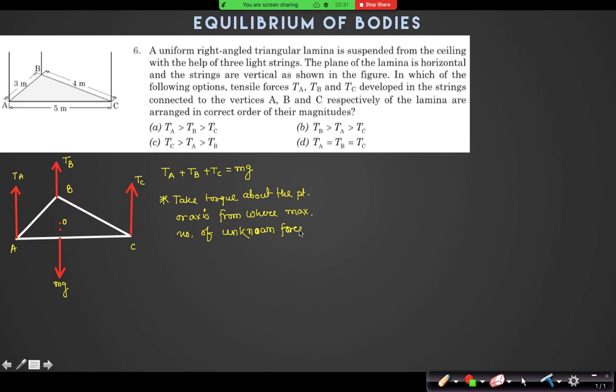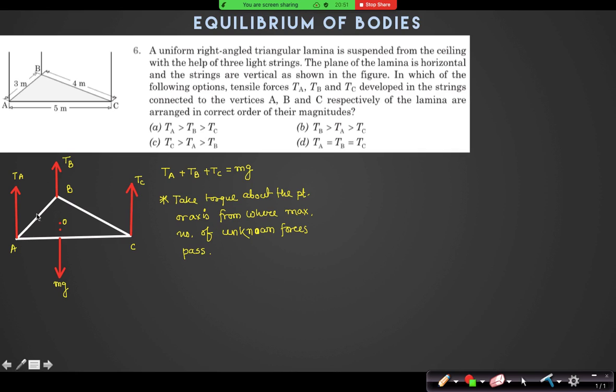Why have I written that? The reason behind that is, if most of the unknown forces pass through the point, the torque of all these forces will be 0 about that point. So the number of unknowns in your equation will be simplified, will be less.